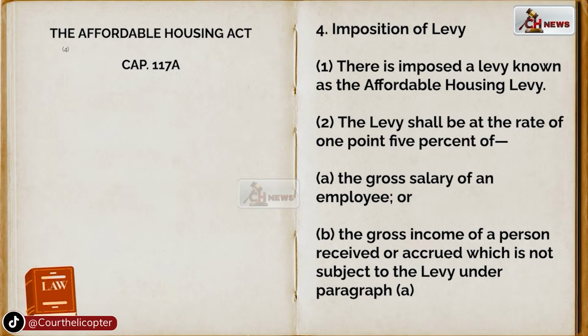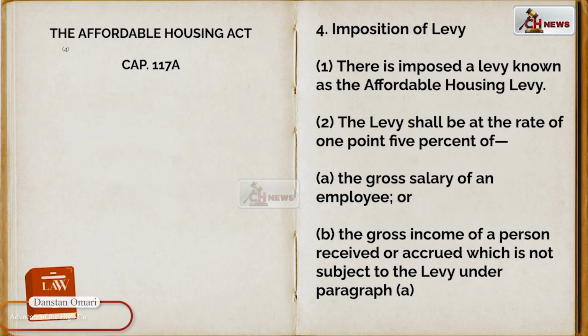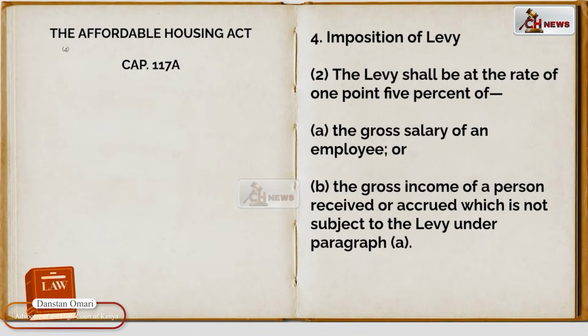Let us see the law that deals with housing levy. It is the Affordable Housing Act. Section 4, which says imposition of affordable housing levy. 4.1, there is imposed a levy known as the affordable housing levy. 2, the levy shall be at the rate of 1.5% of the gross salary of an employee.